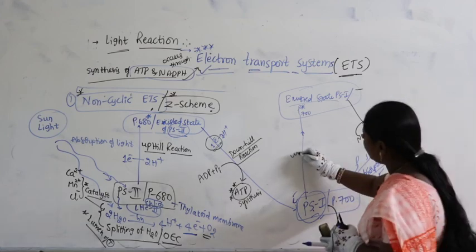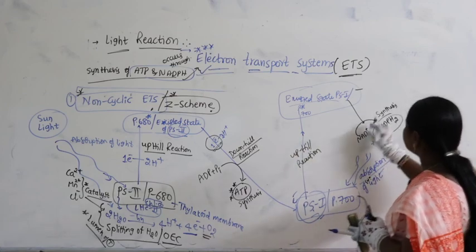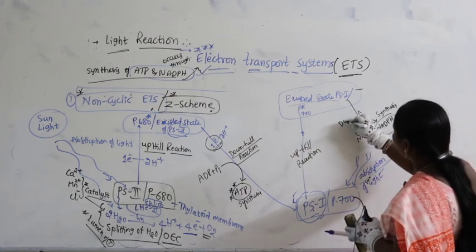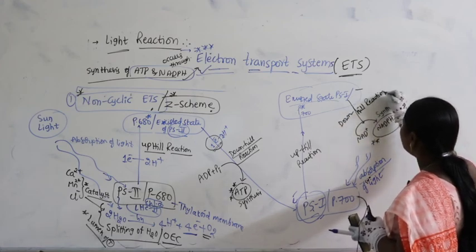Again, this is called an uphill reaction, and the synthesis of NADPH2 is called a downhill reaction.